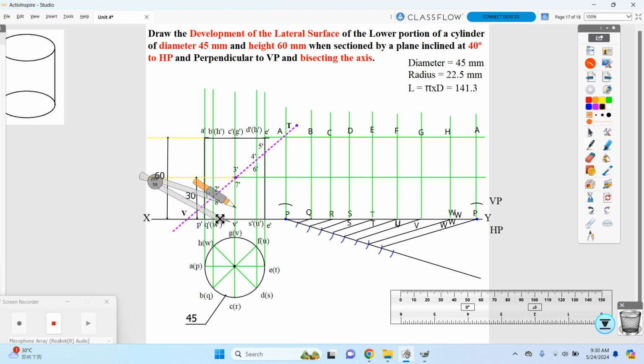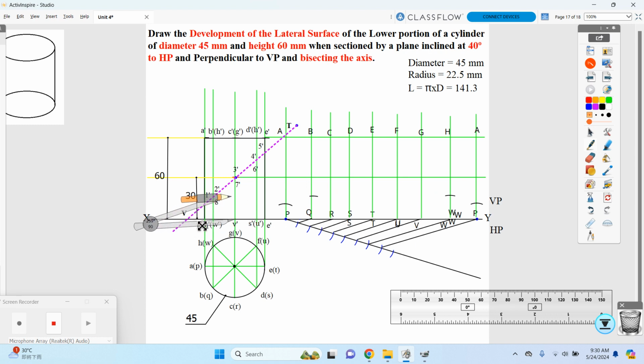Then keep it on the Q point. Rotate your compass and measure the height. Keep it on Q point. Then cut an arc here. Similarly, keep it over here and cut an arc.